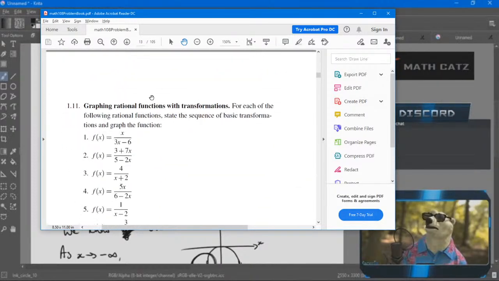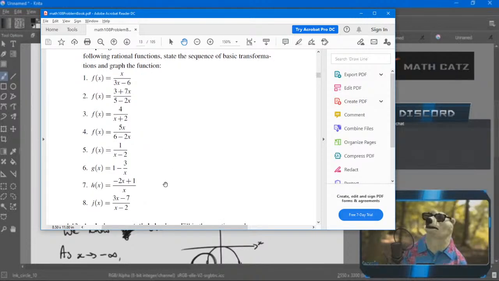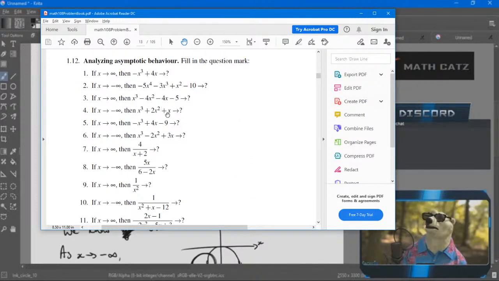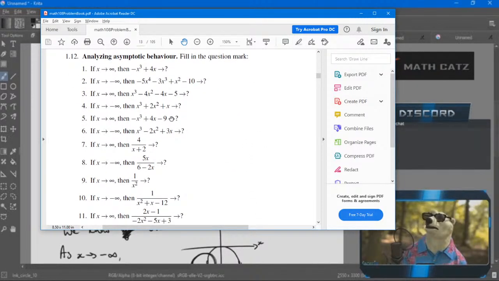1.10 is good. 1.11 we are not ready for. Rational functions will come tomorrow, but the first part of 1.12 you can start to look at: the long-term behavior, also called asymptotic behavior, of polynomials, so that we always have this in mind. Once you get the hang of it and you understand why, it's super easy.